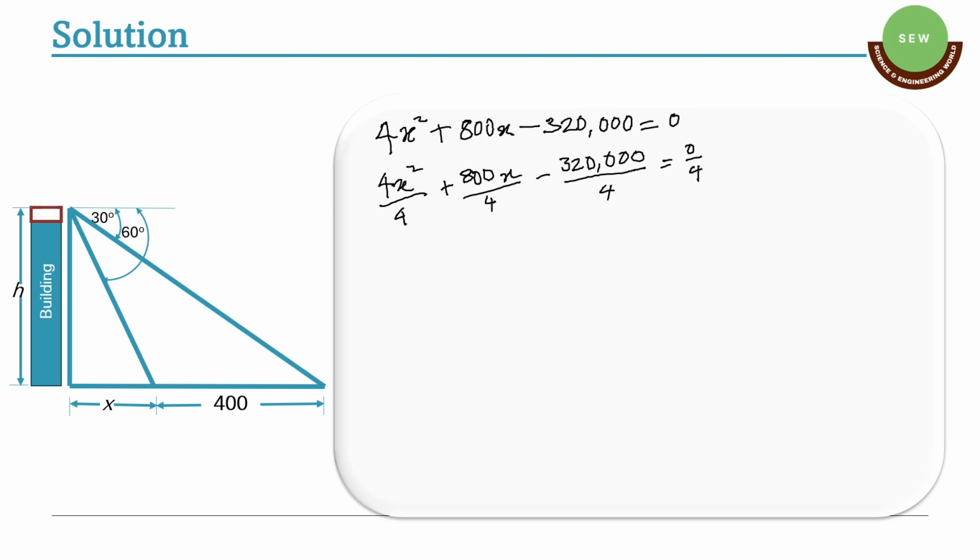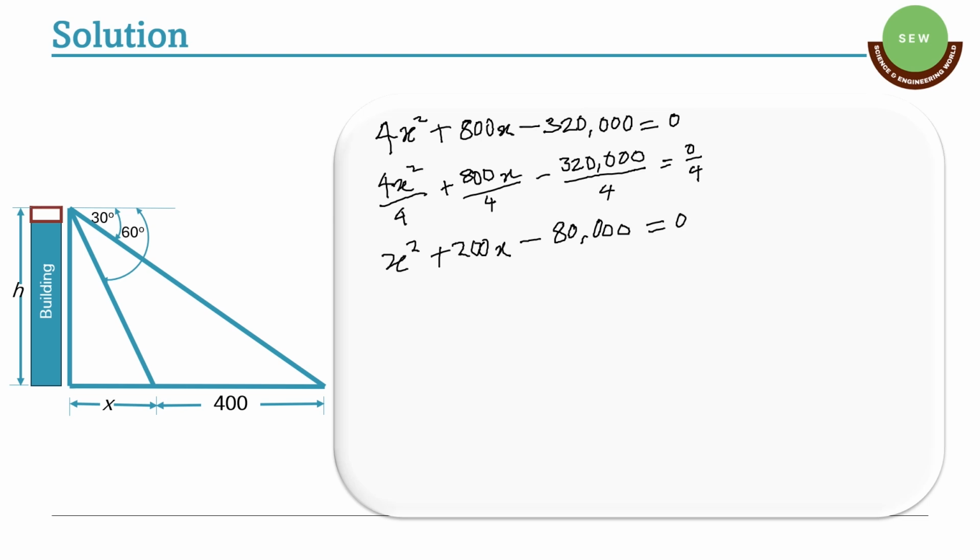This will now give us x squared, 4 we divide 4 to give us 1, 4 dividing 800 will give us 200, plus 200x, and then 4 dividing 320,000 gives us 80,000, to give us 0.